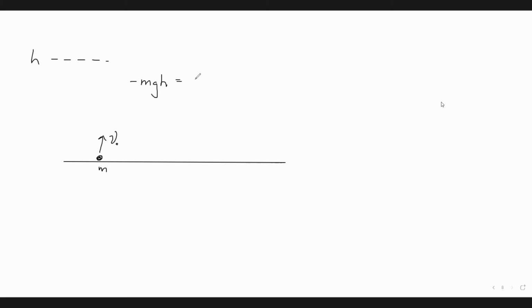So our change in kinetic energy is minus 1/2 mv0 squared. And the height that it attains is going to be equal to v0 squared over 2g.